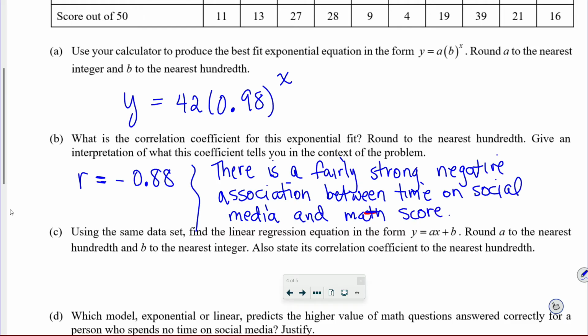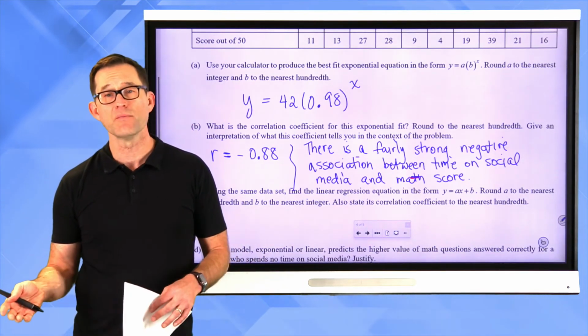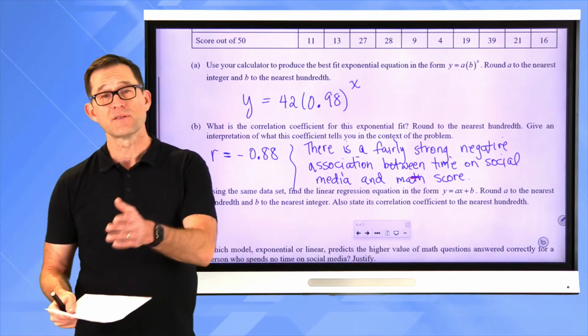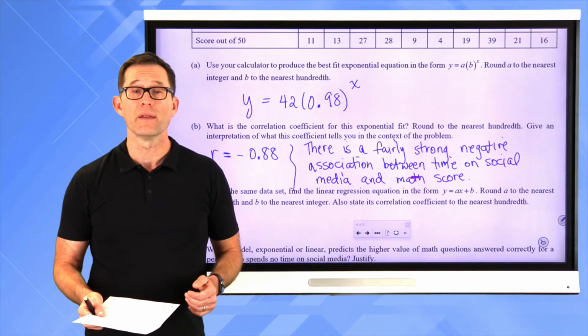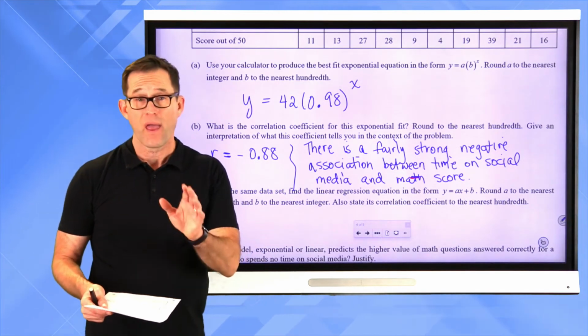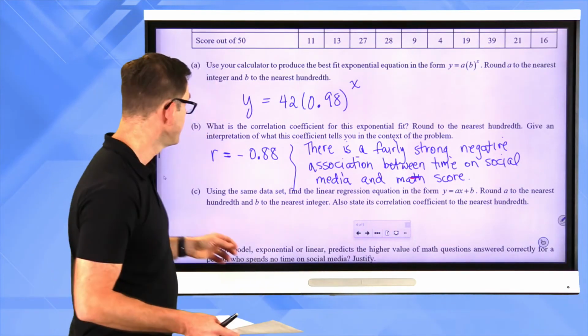So there's a fairly strong negative association between time on social media and math score, meaning that in general, as the time on social media goes up, the score on the math test goes down, as predicted by an exponential curve.